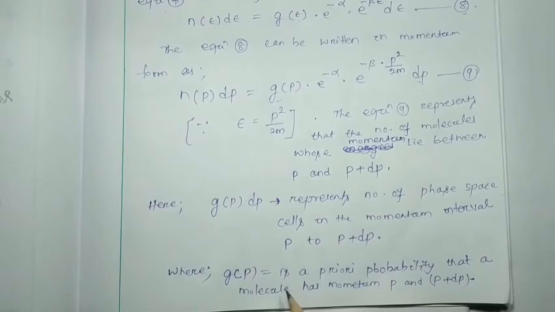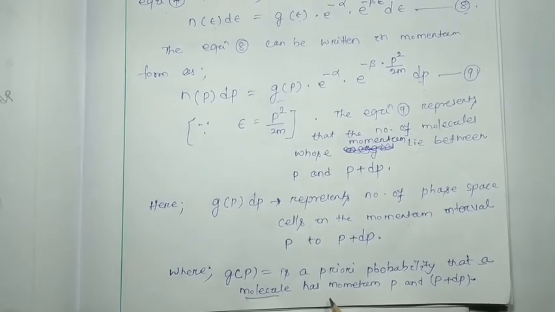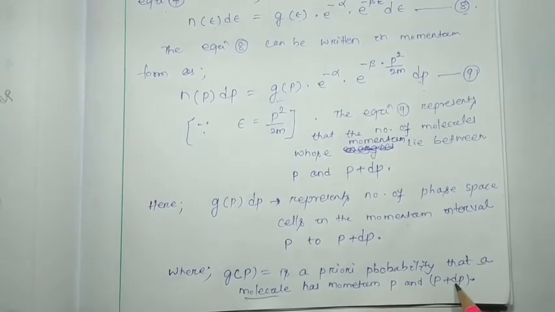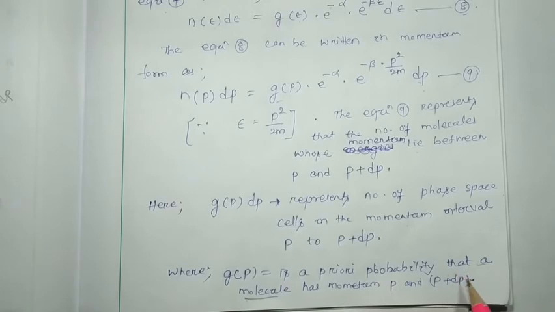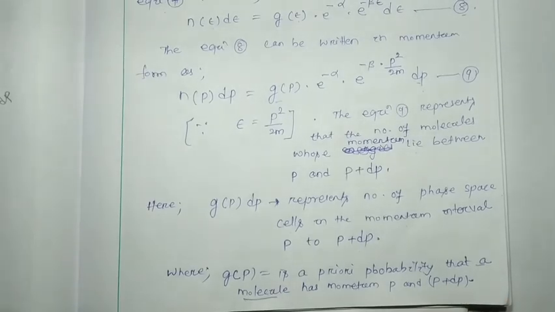Here g(p) is the a priori probability that a molecule has momentum between p and p plus dp.